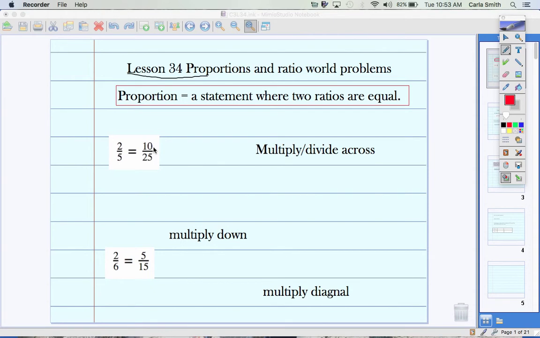That's what I want to think in my head. I know that 2 times 5 gives me 10, and 5 times 5 gives me 25. So I want to make sure that both of those numbers are the same, and because they are the same, this is a proportion.